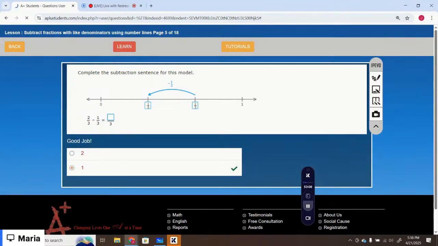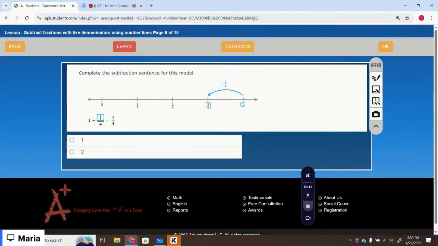The next one is 1 minus 1 by 4 equals 3 by 4. So which is the missing number? That is 1 over 4. 1 minus 1 by 4 equals 3 by 4.